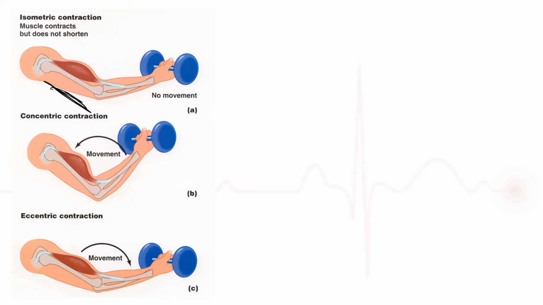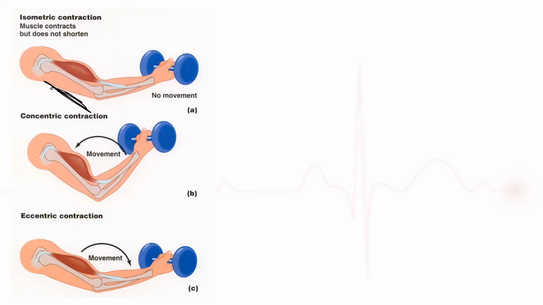But the difference is, in that circumstance, you actually need the antagonist muscle, the triceps muscle, to contract too, to ensure that there's actually no joint action that happens. So we can produce isometric contractions on our own if we want to, like without going over to really heavy objects that we can't actually lift and trying to lift them. We can isometrically contract any muscle in our body right now if we want to.